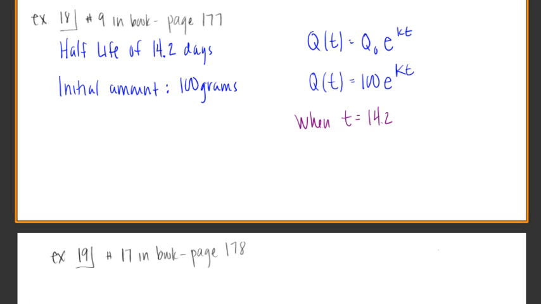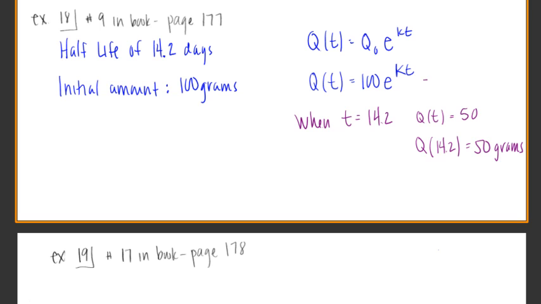So then the quantity, Q of t, should be half. If we say 100, then it should be 50. Or just putting it together into one thing, the quantity present after 14.2 days should be 50 grams.